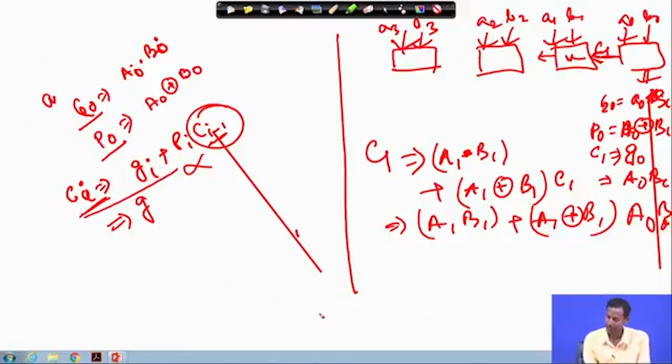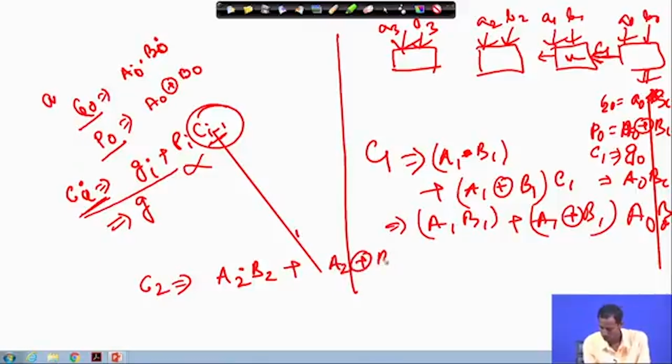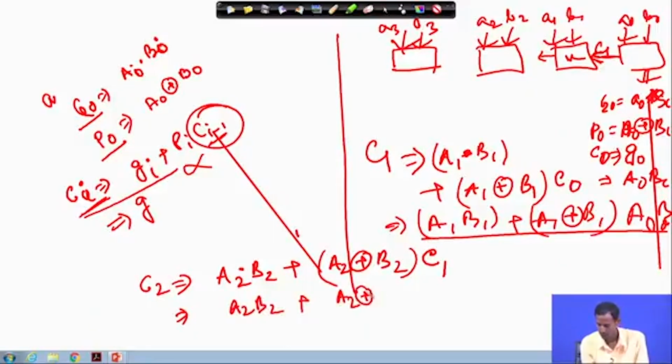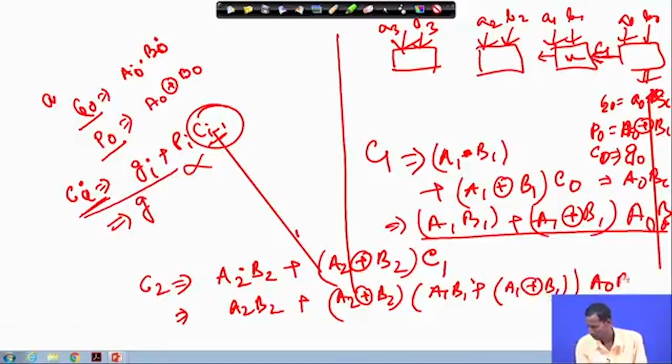In the same fashion, if I want to calculate C2, it will be A2 B2, this G2, plus A2 XOR B2 along with C1. Now C1 is nothing but this particular value, so if I put it in, C2 is A2 B2 plus A2 XOR B2 into A1 B1 plus A1 XOR B1 into A0 B0.